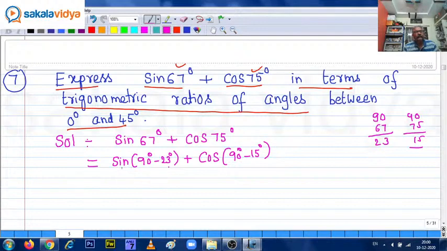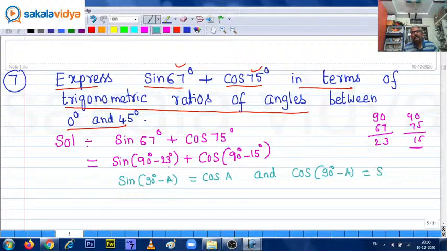Both seem to be ready. We have this formula. What is the formula? Sine of 90 minus A equals cos A, and cos of 90 minus A equals sin A. With the help of these two formulae, we can express as required. Sin of 90 minus 23 becomes cos 23.